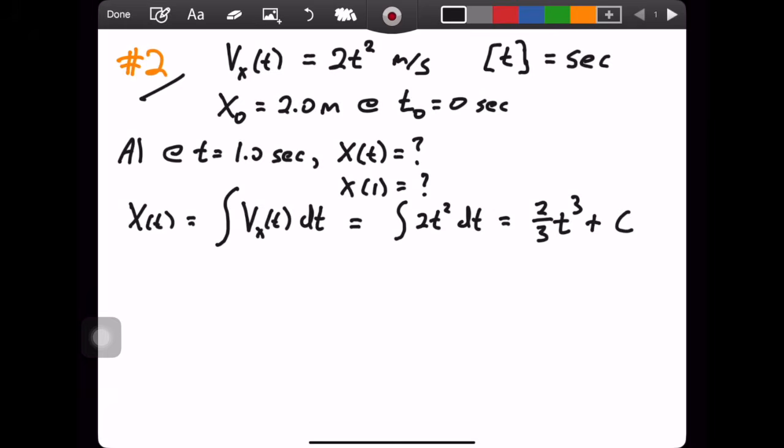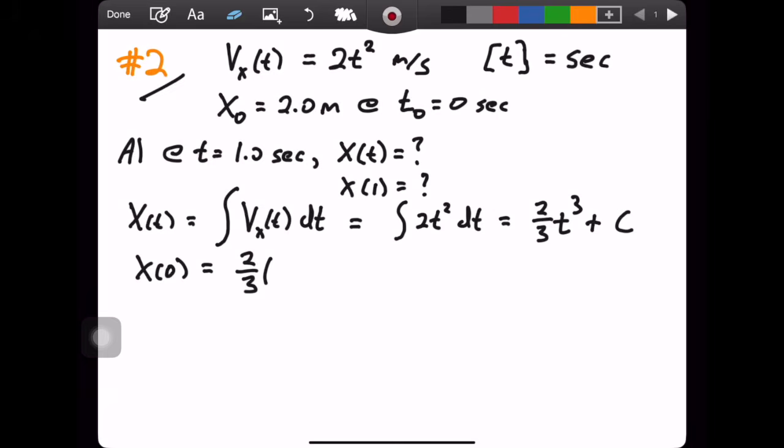And so fortunately, we are told that when we have t equals 0 seconds, the position of this particle is at 2 meters, which is to say x of 0 is equal to 2. So I'm going to take what I just integrated and plug in t equals 0.